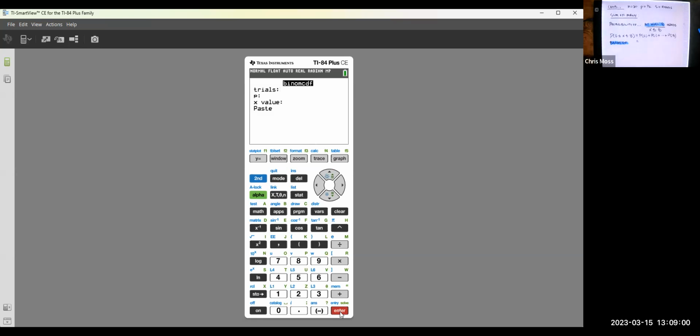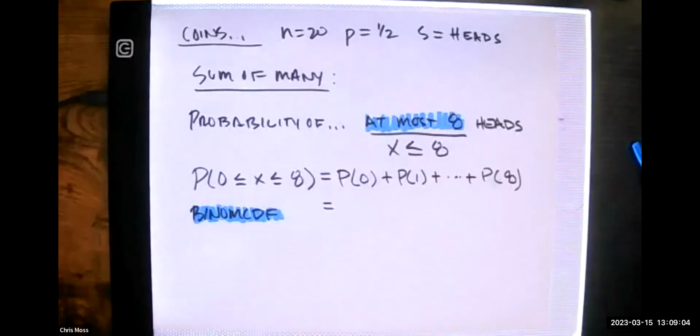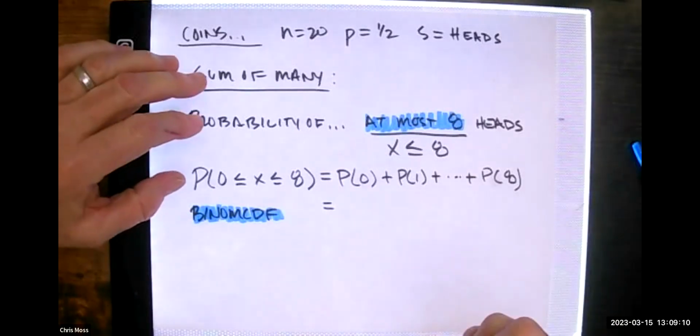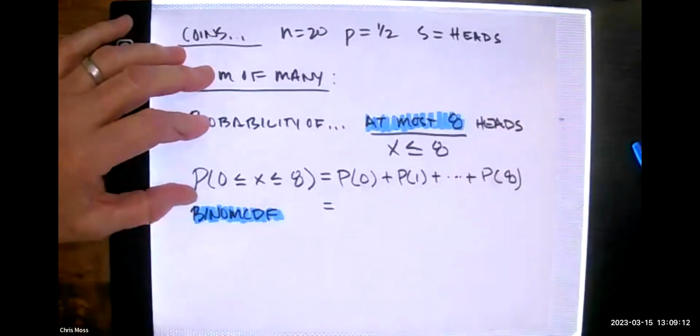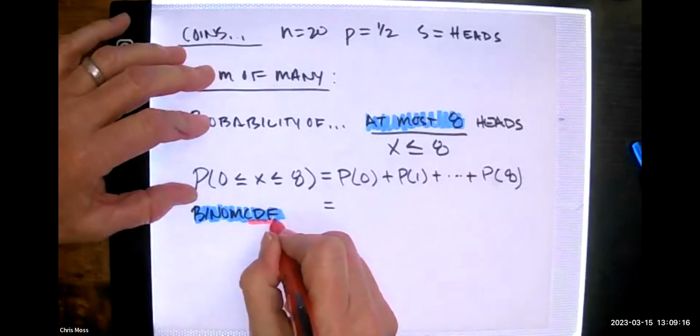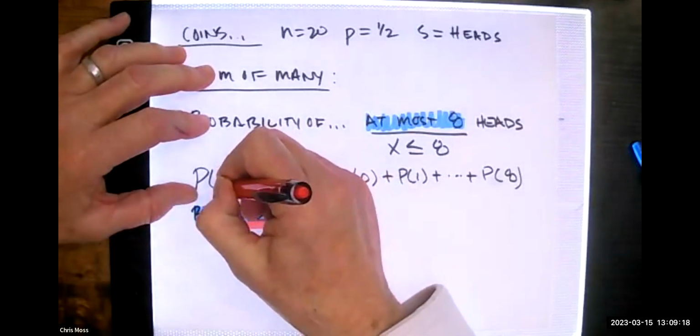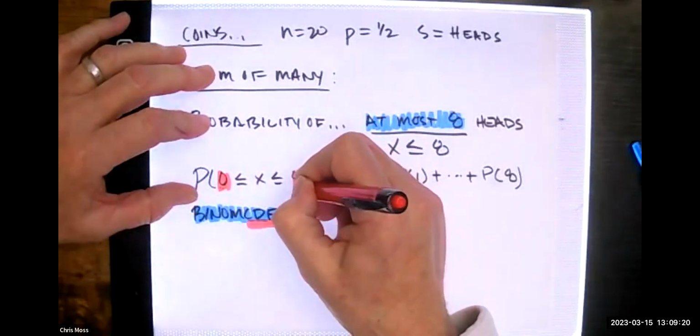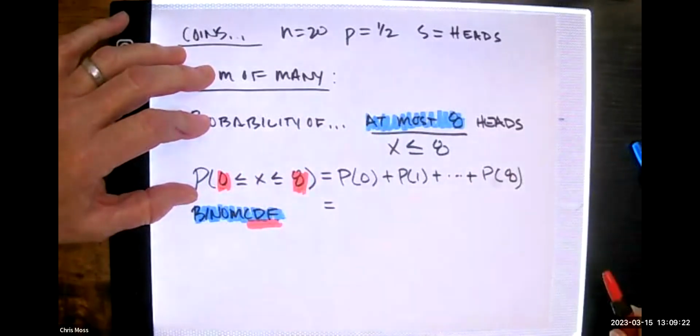Now, before I go and fill that screen in, let me stop my share and come back to the notes for a moment. This CDF tool always works in the same way. It always starts at 0, and you tell it where to stop.